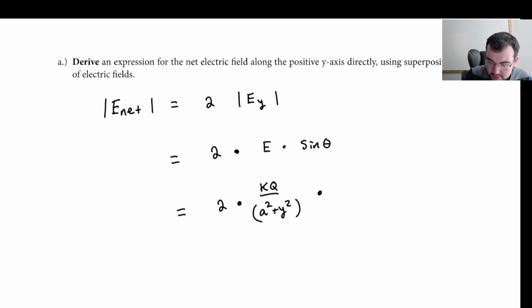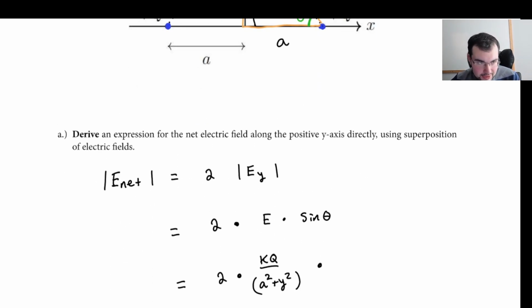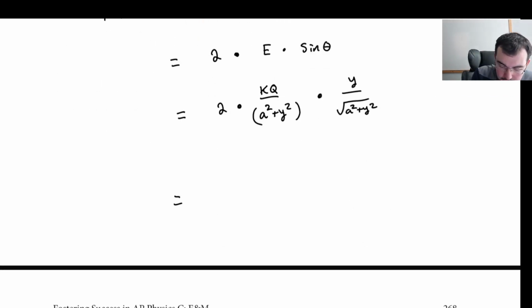And what is sine theta? Well, sine theta is opposite over hypotenuse. So the opposite side is y, and the hypotenuse is the Pythagorean term. So we get 2kqy on top. And then on bottom, we have the root term is to the 1/2 power.